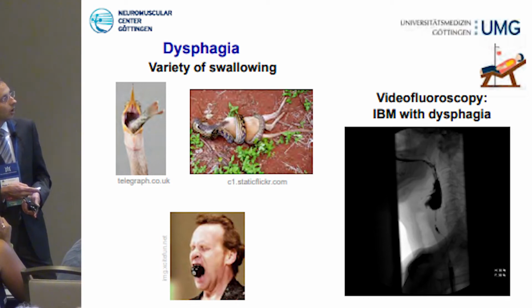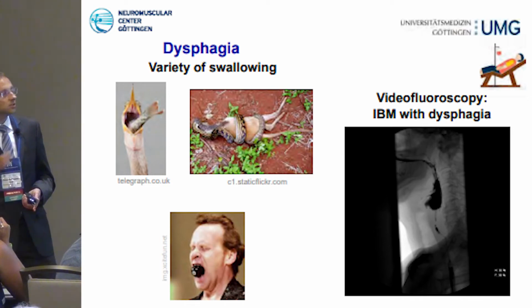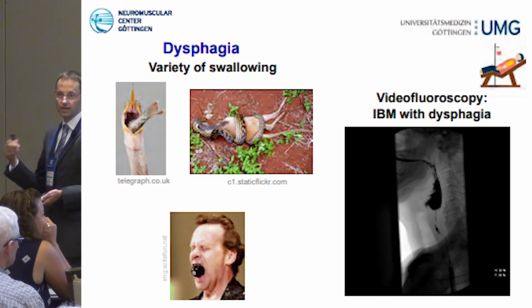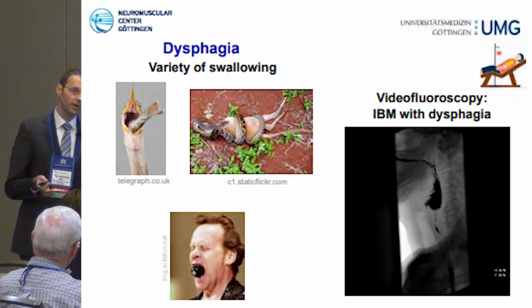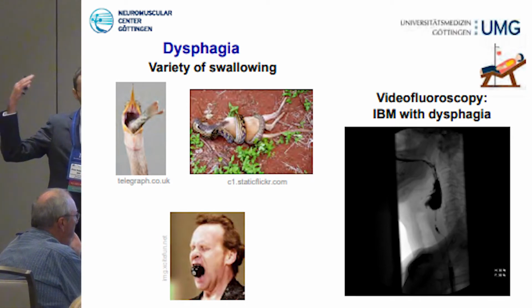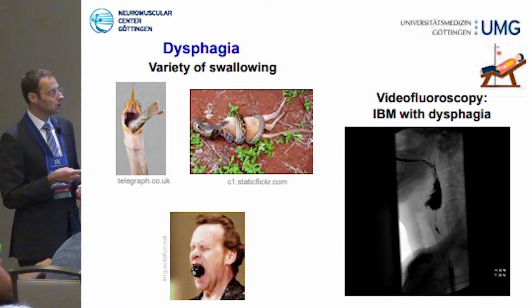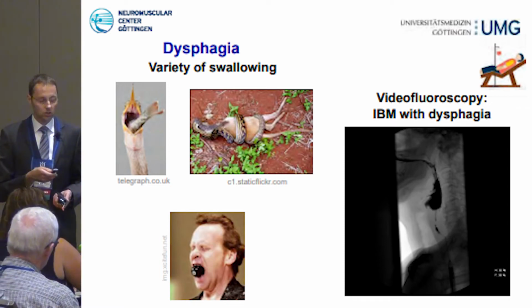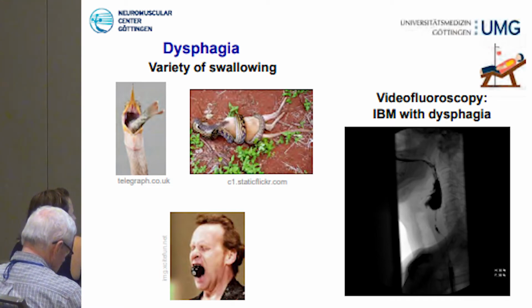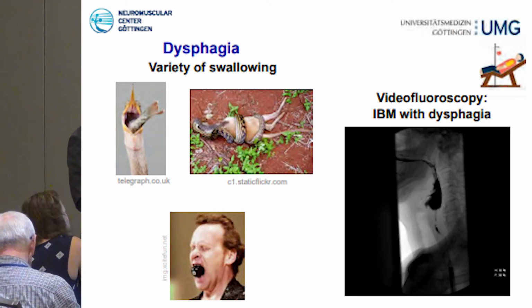Normally, in a normal individual, this is just one gulp, and the whole contrast agent is swallowed down. Now, not in all patients with IBM, but in the majority, at least 60%, over time such dysphagia can occur, and sometimes this can even be the presenting initial sole symptom.